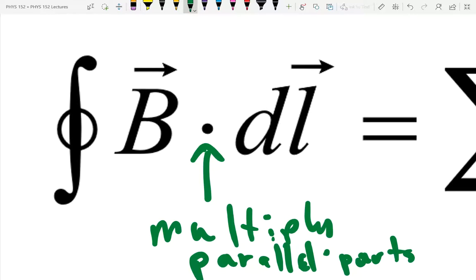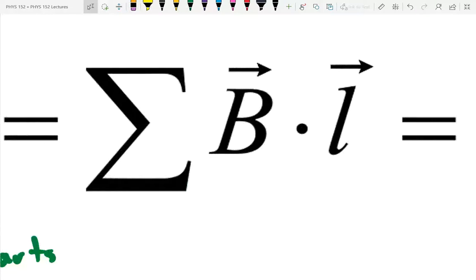So we're multiplying the parallel parts of B, the magnetic field, and dl, each little piece of length. In the non-calculus form, we still have the dot product, but we put a summation instead of the integral sign because they mean fundamentally the same thing, and we just have the L for each piece of length. So we want to calculate that B dot L along the length.